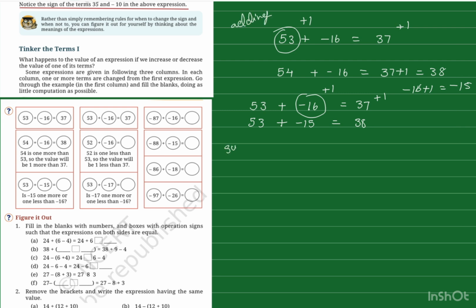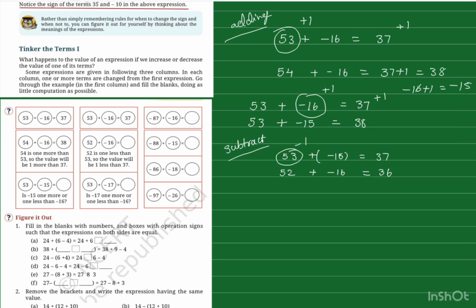Next we subtract one from a number. 53 plus minus 16 is equal to 37. When we subtract 1 from 53, it becomes 52 plus minus 16, that is equal to 36.